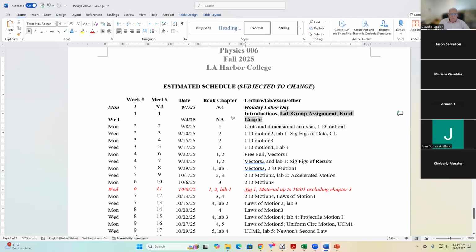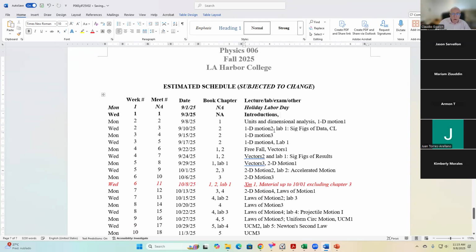So we're going to do that on Wednesday. Everything we're doing Monday: units, dimensional analysis, 1D motion.